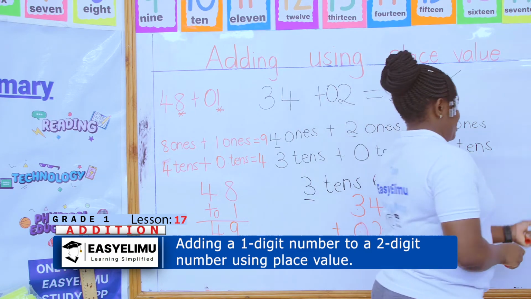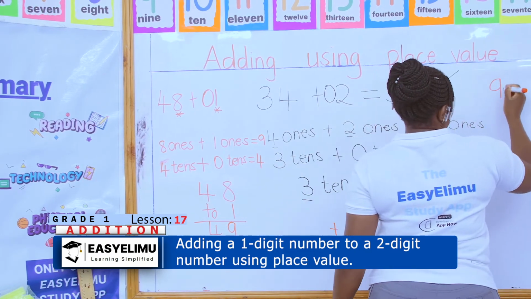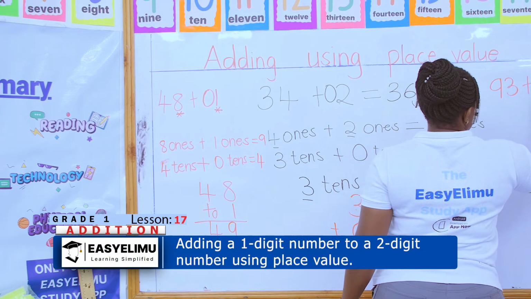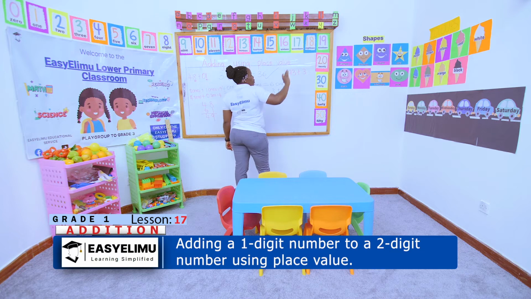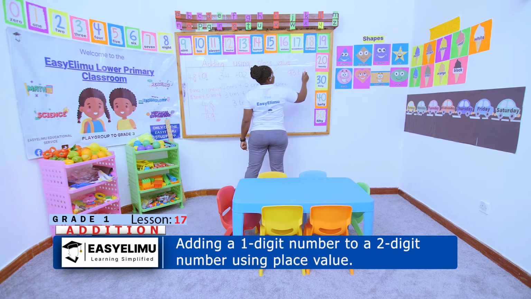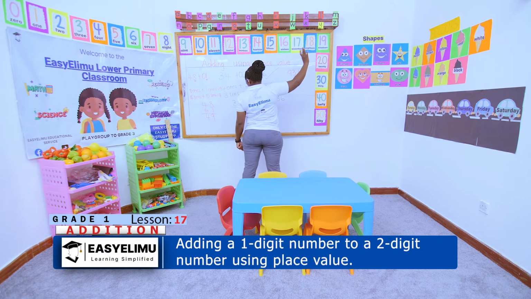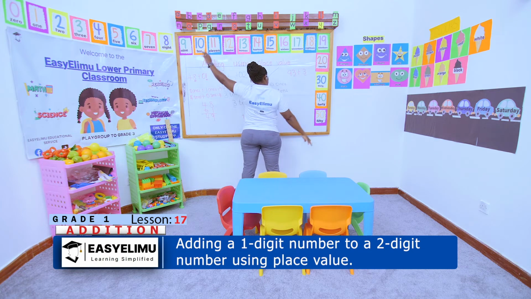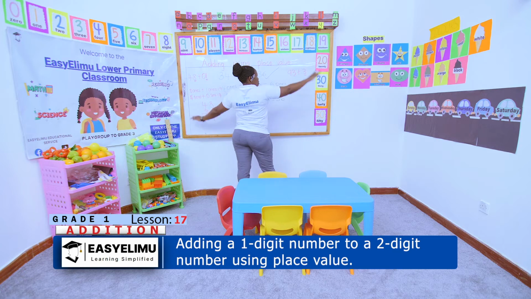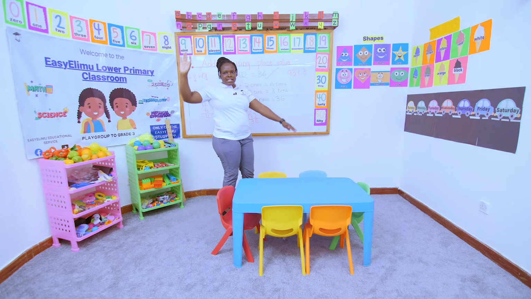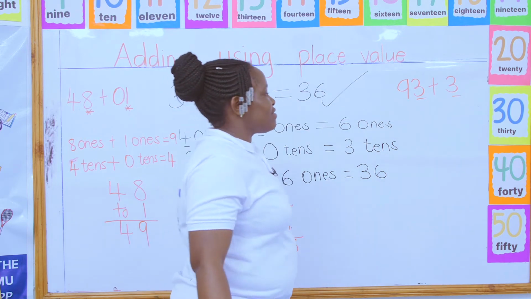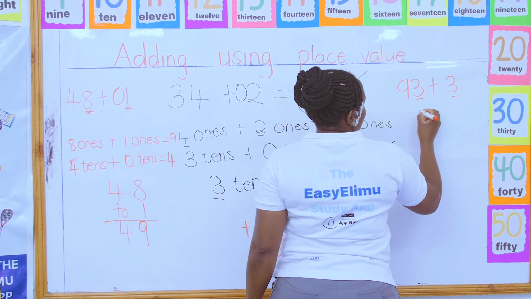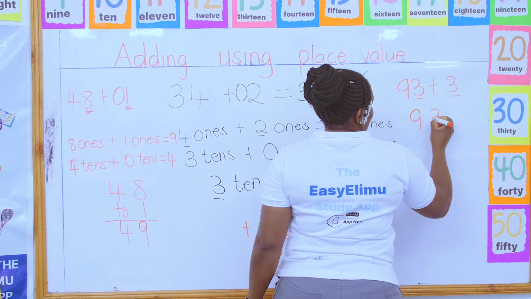Teacher, and what if we have been given a number like 93 plus 3? Still the same thing. Ask yourself, where is the ones? The ones place value is appearing on which hand? The right hand. We are saying ones, tens, ones, tens, ones, tens. So the right hand is ones, and the left hand is tens. So you write it going down.